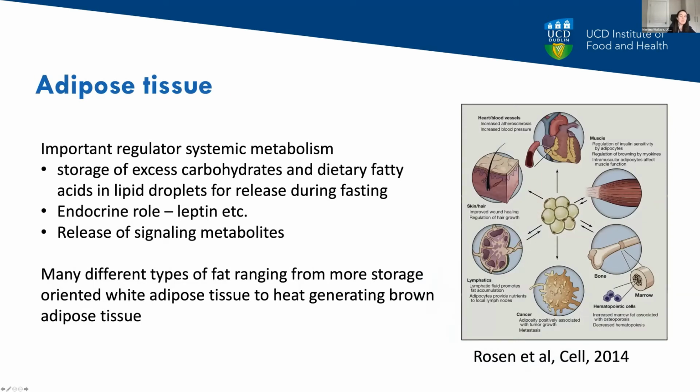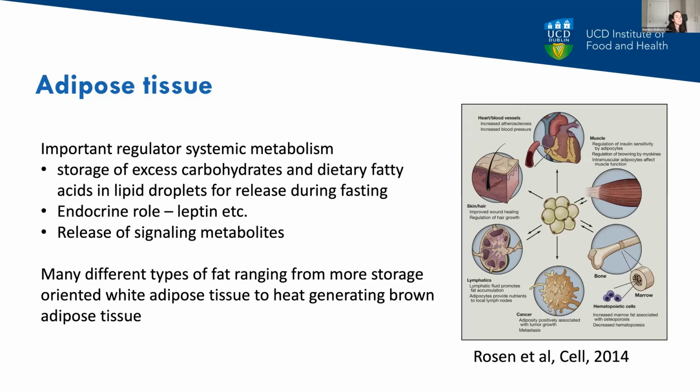When I started my postdoc, I didn't go there aiming to study branched-chain amino acids, but more to understand carbon metabolism within adipocytes or adipose tissue. The reason for this is that adipose tissue is a really important regulator of systemic metabolism. As well as its more well-known function as a storage of excess carbohydrates and dietary fatty acids, it also plays an important endocrine role through the release of hormones such as leptin.